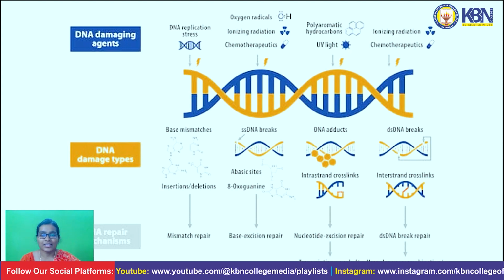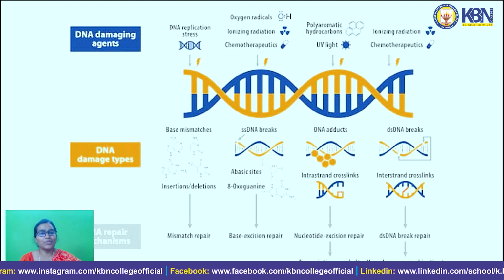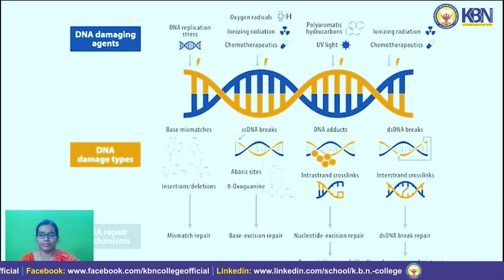All these cause damage to the DNA. Not only the chemical carcinogens, but whenever the DNA gets replicated, it will undergo some changes which are not usual and which are damaging to the DNA.